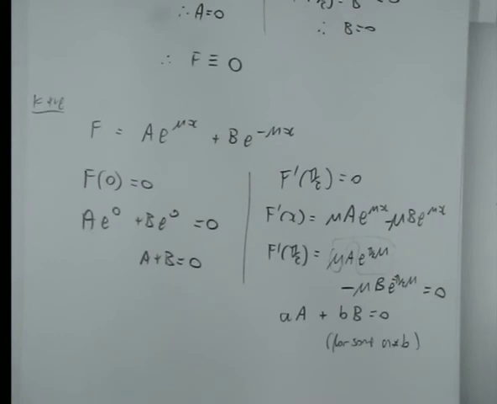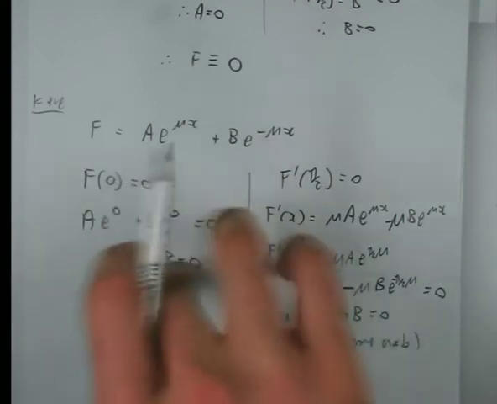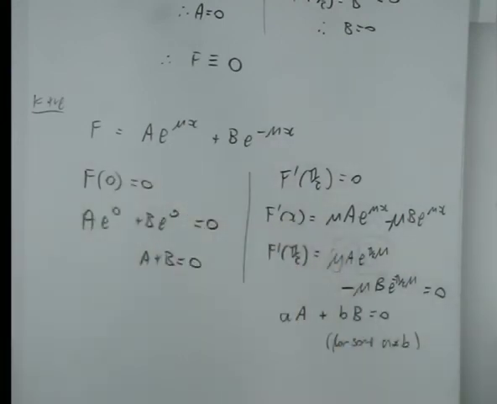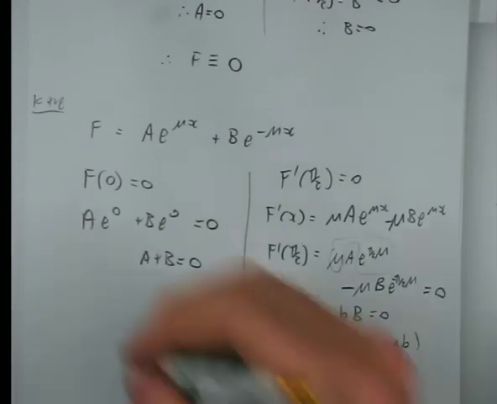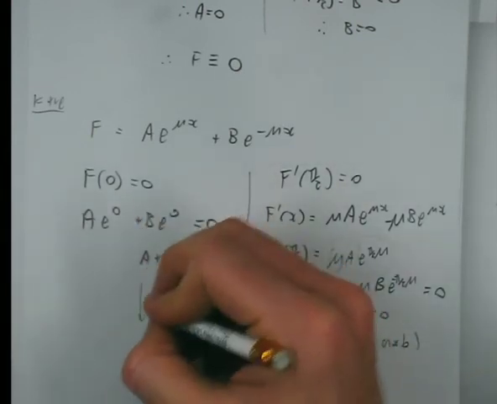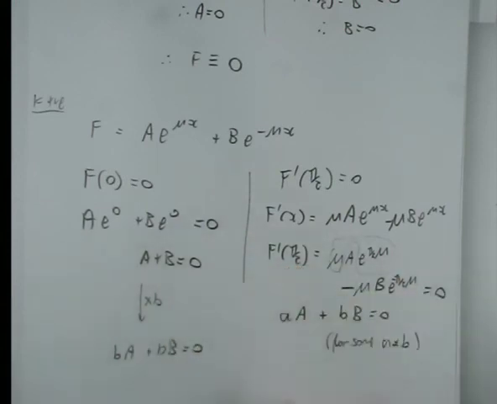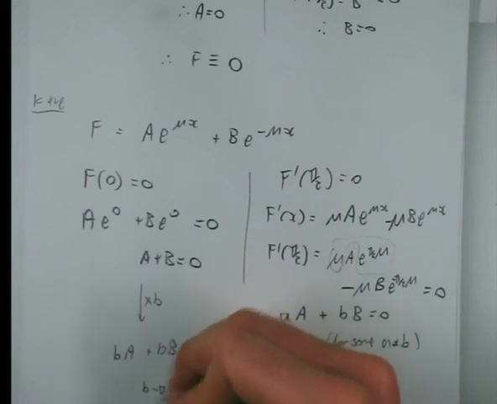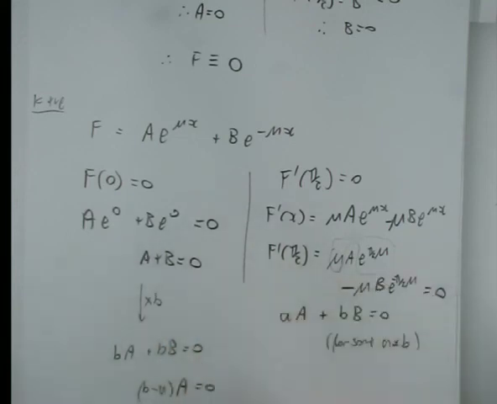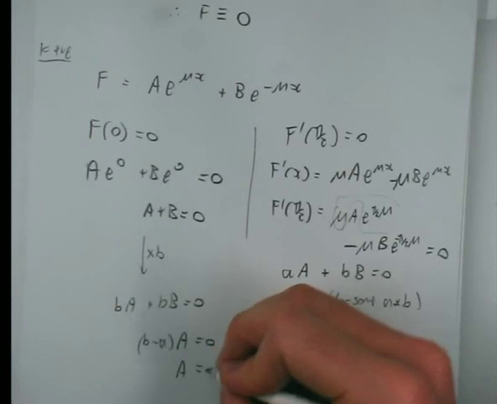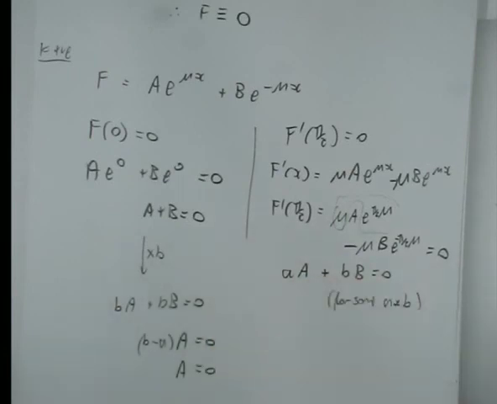So the only way that two numbers can do this is for them both to be 0. Because if I times this one by b, for example, I would get ba, and then times b, ba plus bb is 0, and then I can subtract these two, and I'll have b minus a is 0, which means that a has to be 0 because a was not equal to b.